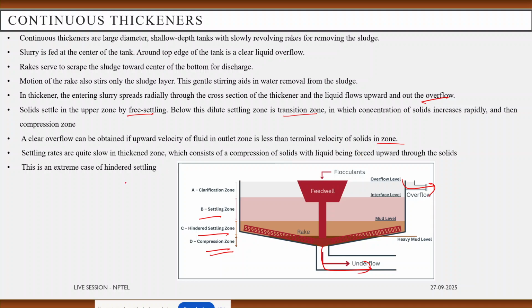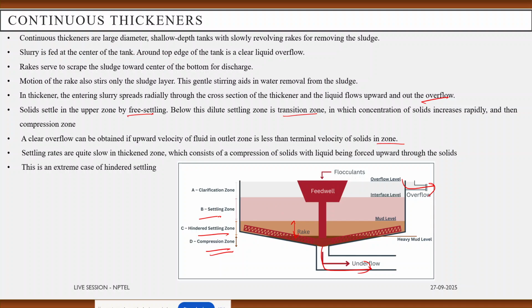Settling rates are quite slow in the thickened zone, which consists of a compression of solids with liquid being forced upward through the solid. So there is extremely hindered settling at the bottom part of the thickener, where over a period there is over concentration and height of the solids.